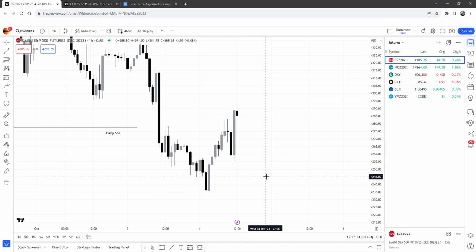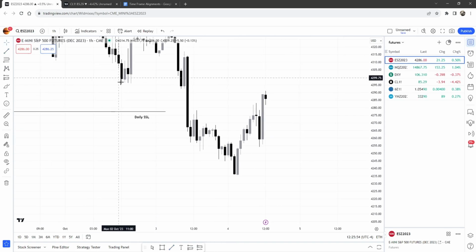Now let's go into something that I see a lot of people making mistakes on. The conversation's still going to remain on draw on liquidity, so we're going to get to it, but there's something we need to talk about real quick. We're going to look for a stop hunt. Since we were below a daily sell side liquidity, we're looking for a stop hunt.